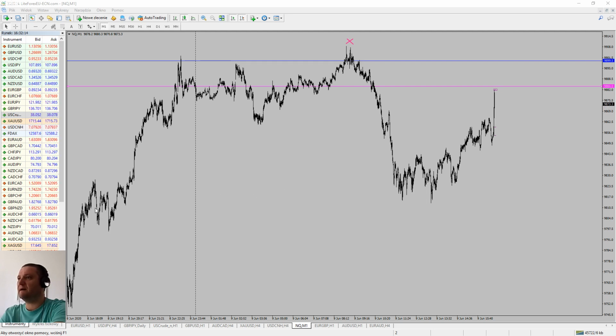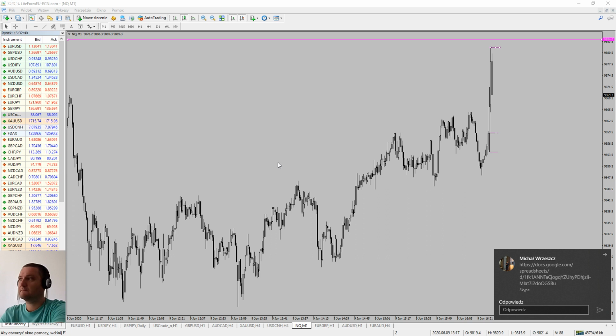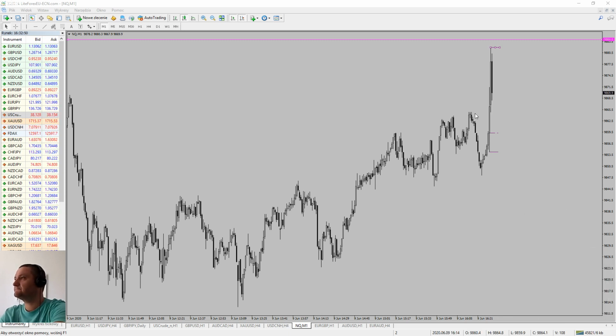Where the buyers are, somewhere here. So it's a liquidity pool, a pre-market liquidity pool to the downside over here. So that's going to be interesting to see how they want to play out that stuff.